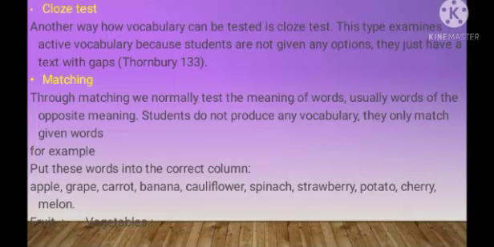Students don't produce any vocabulary. They only match given words. For example, there are some kinds of fruit and vegetables. So the student should match the words into the correct column.